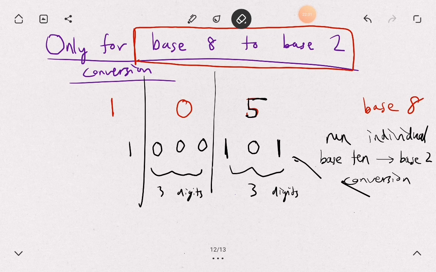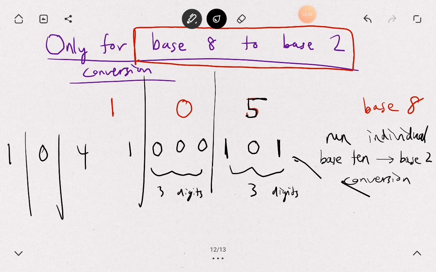Like if you have 104, what you'll get is 001 000 100. These zeros you cannot take out. The 0 on the right you cannot take out. 0 on the left you can always take out.